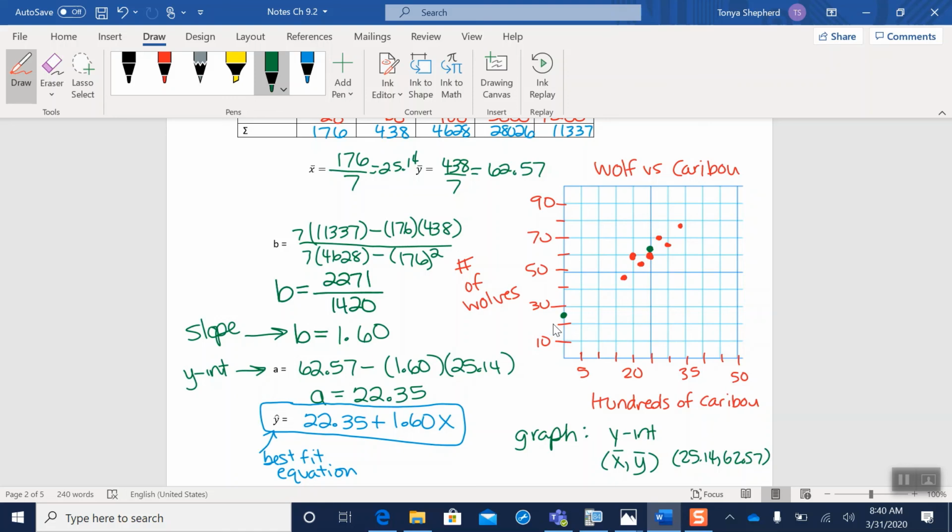You should use a ruler or the straight edge of your calculator or something, and you're just going to draw this straight line all the way across your paper. This is the line that best describes the trend of this data. And we're going to see how we can use that equation to predict values that we didn't collect in our data.